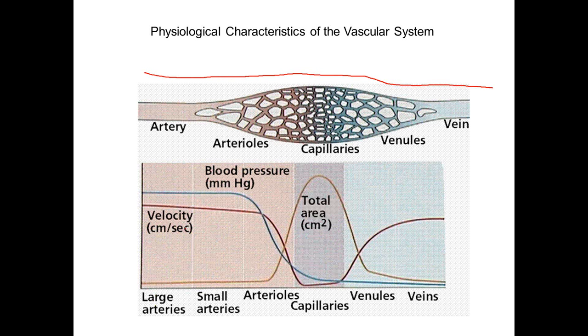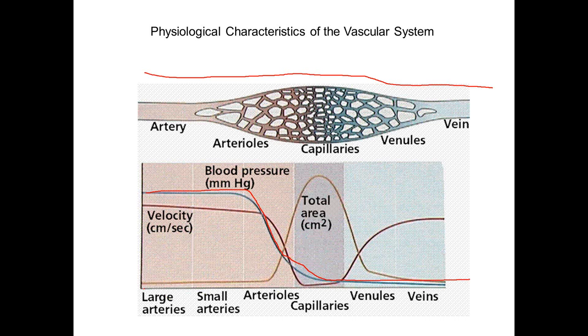So for instance, it shows you the blood pressure across that set of tissues. Blood pressure in the arteries, as you can see, remains relatively high until it gets to the arterioles, where there are many, many more of them, and therefore it spreads out and the pressure drops. And it drops even more through the capillaries. Okay?